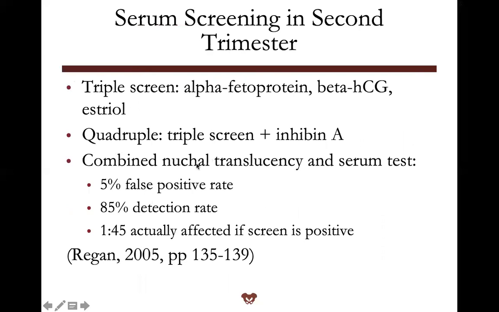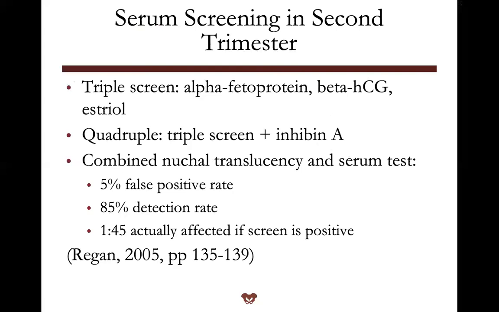And then the quadruple screen, which is where they perform that same triple screen, plus they also assess for inhibin A. And this variety of screenings can detect various congenital anomalies and conditions.